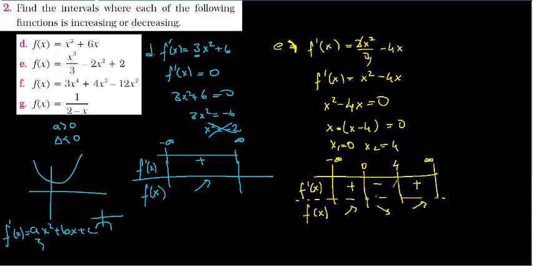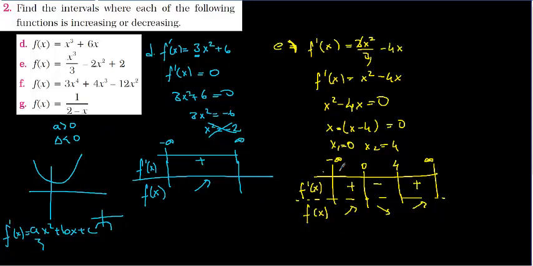So for the interval minus infinity to 0, the function is going to be increasing, and for 0 to 4, it's decreasing. 4 to infinity, increasing again.